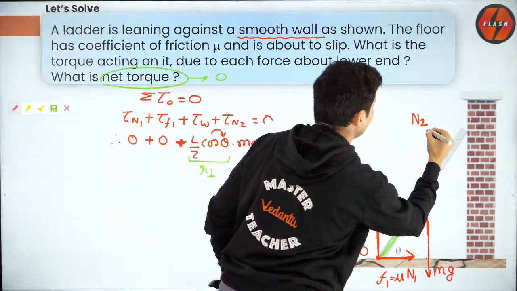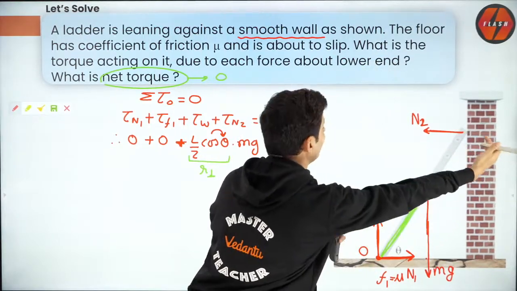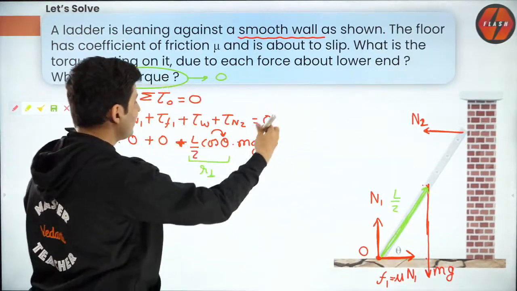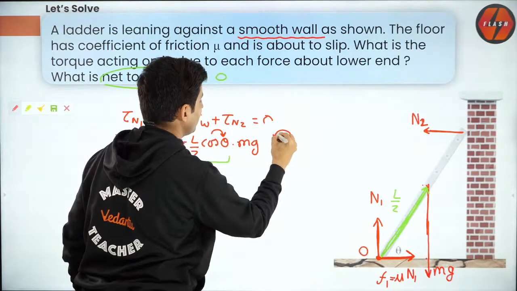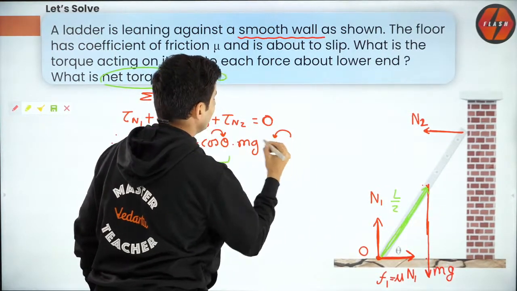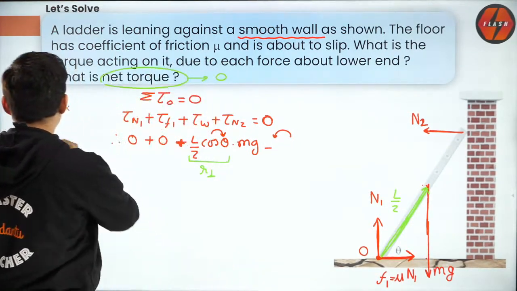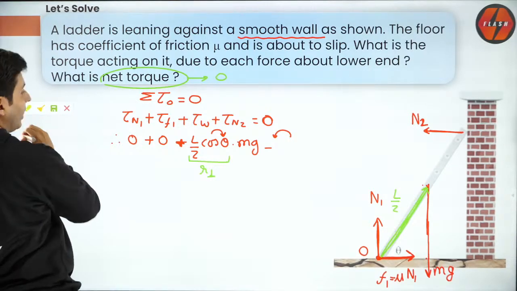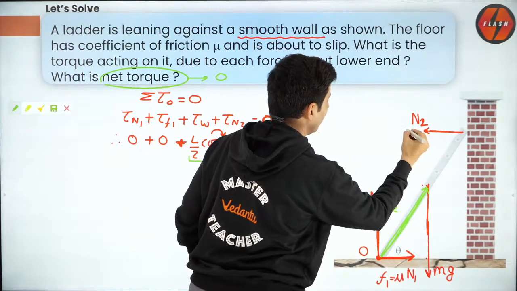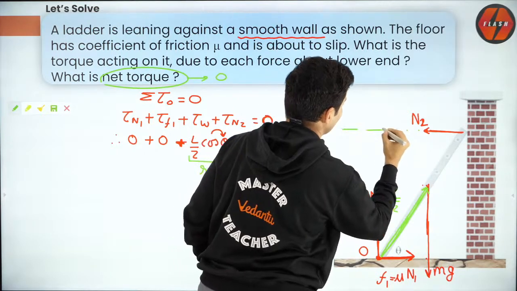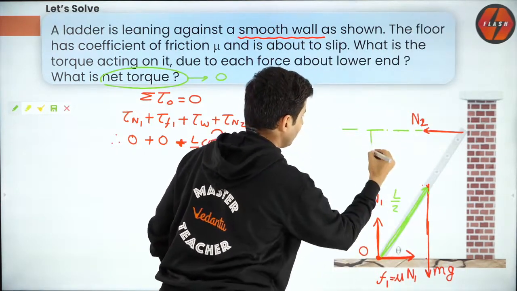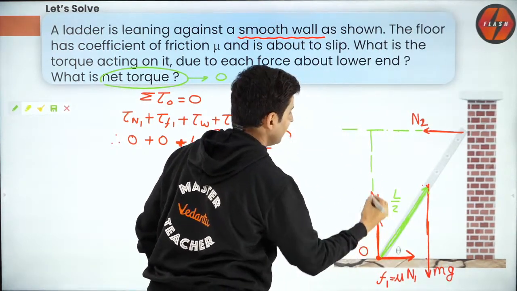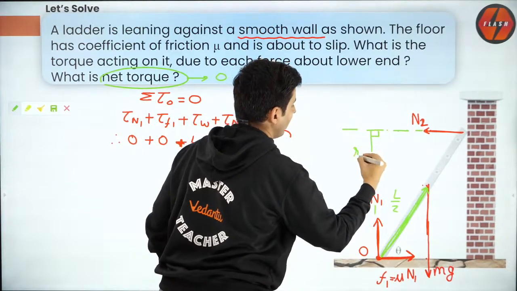Next, normal 2. Normal 2 will produce a torque this way. Again use the same concept, but it is producing anti-clockwise torque. So it will be negative. Now again check guys, what is the perpendicular distance on that line of force? This is that line of force. Just drop a perpendicular. You will see this is that R perpendicular.